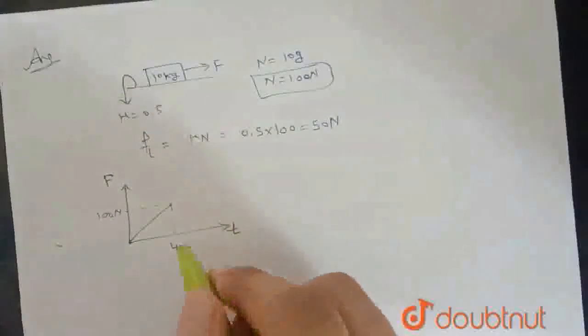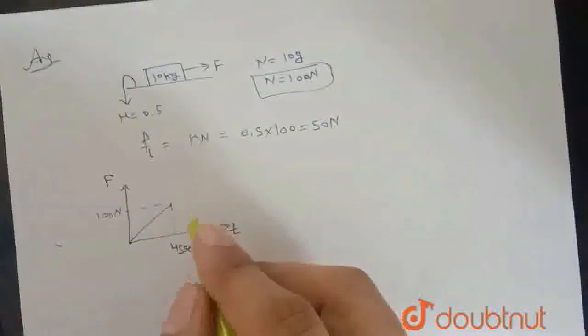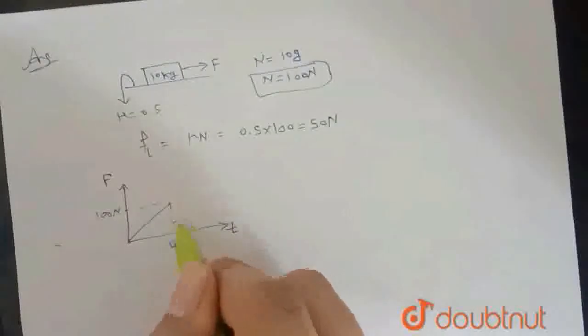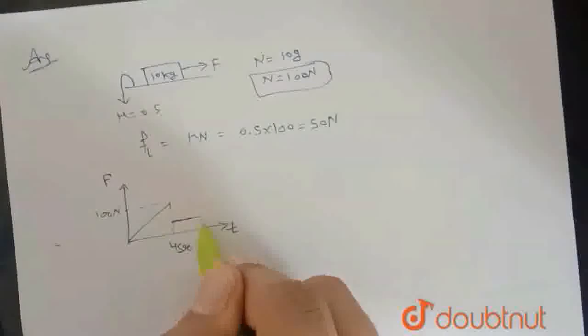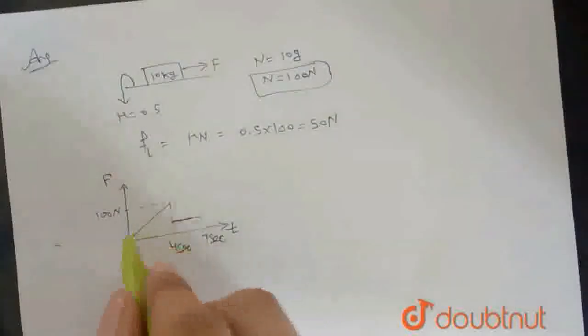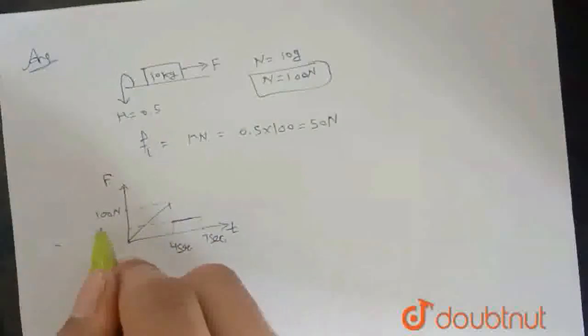And then abruptly decreased to 40 Newton, which is continued for 3 seconds. So 40 Newton continued for 3 seconds. Final time will be 7 seconds, and this is 40 Newton.